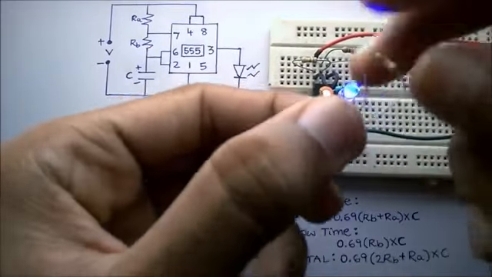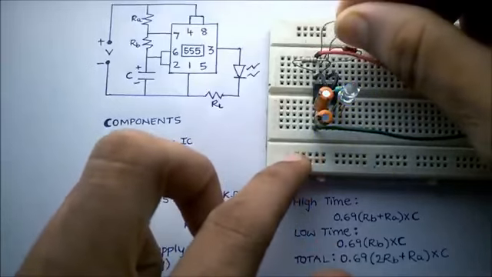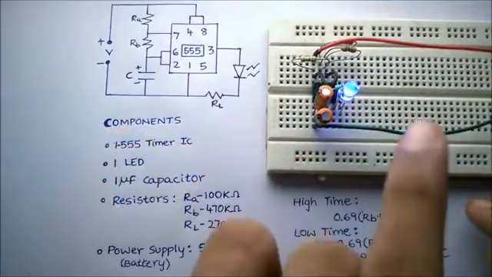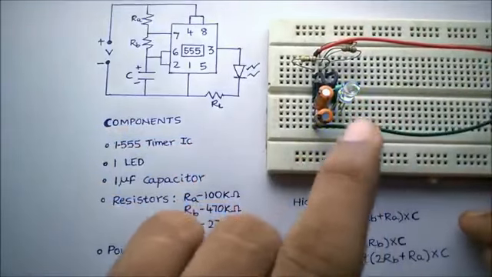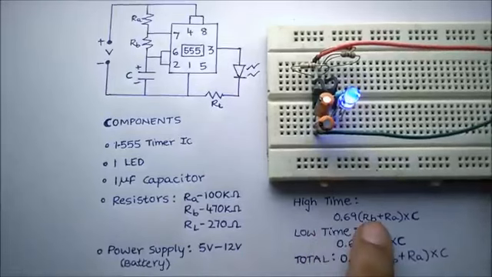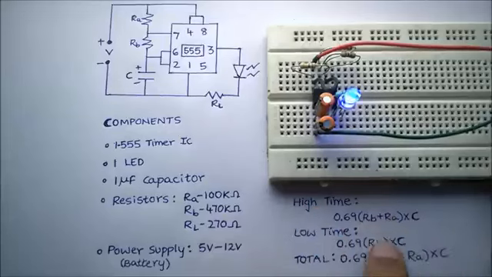I am placing a resistor in parallel to RB, and you can see the flashing rate has increased and the flashing time has reduced. You can observe the same here. I have reduced the value of RB, and high time as well as low time gets reduced.